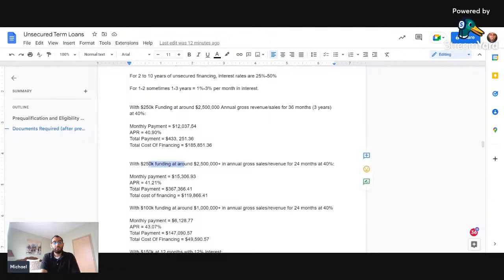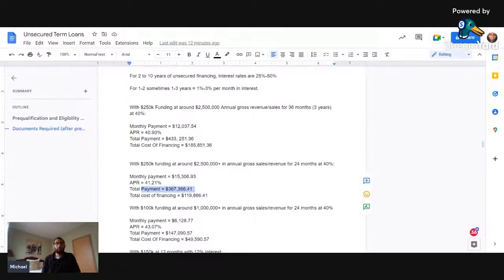So with $250K funding at around $2,500,000, somewhat similar, in annual gross sales / revenue for 24 months instead at 40%, you see how the monthly repayment then goes up because we have some changes in the terms and rates. And then the APR is a bit higher, 41+%. Total payment, 367,000 and above.